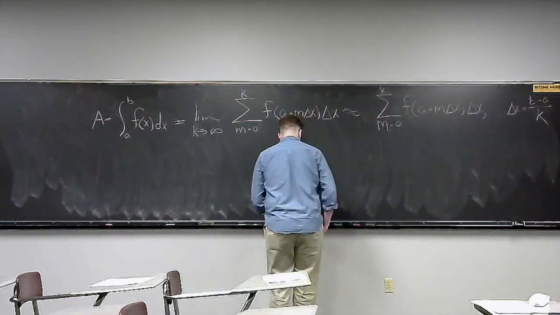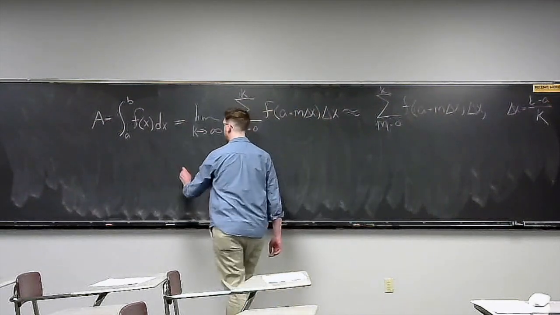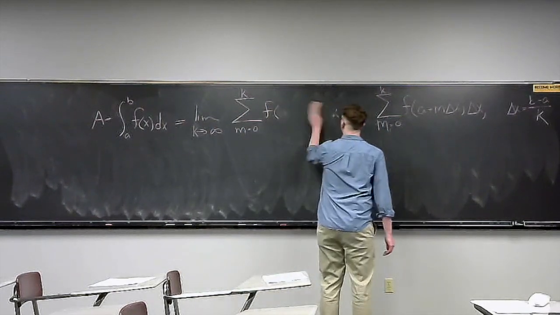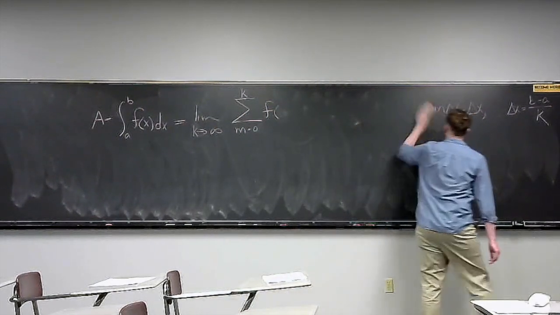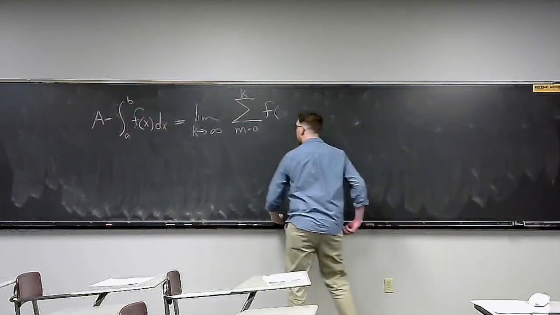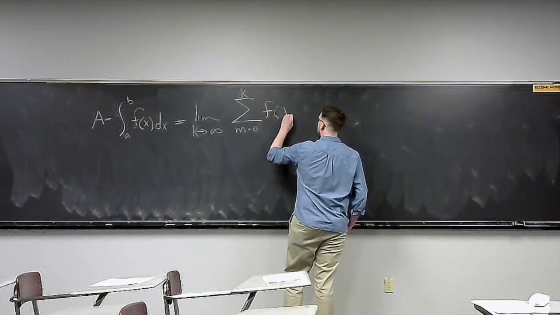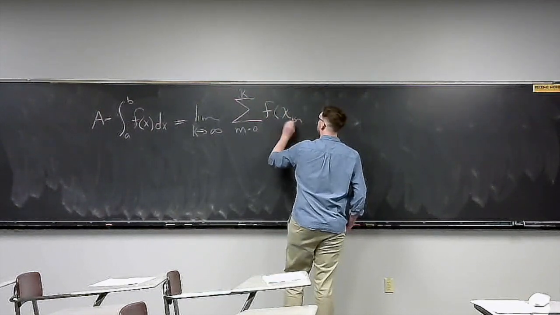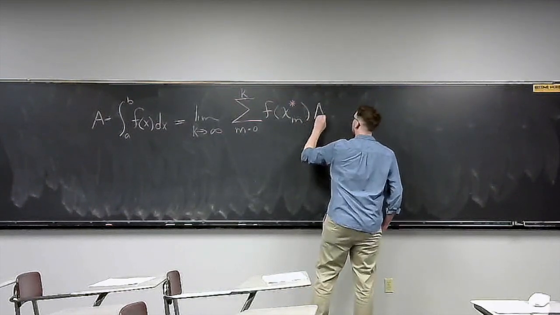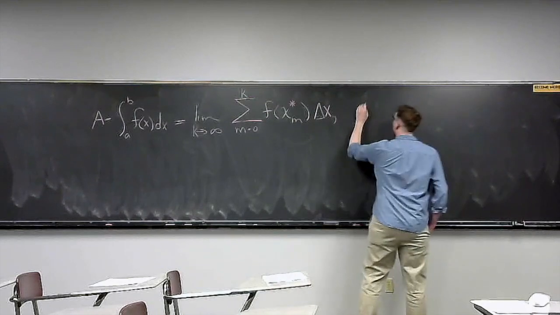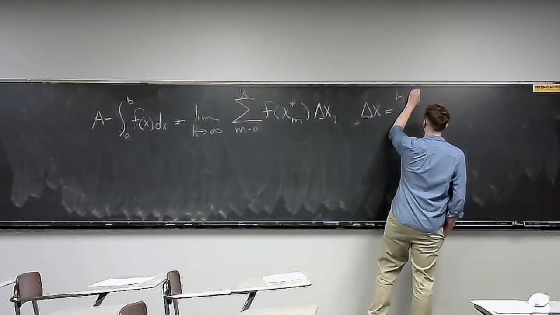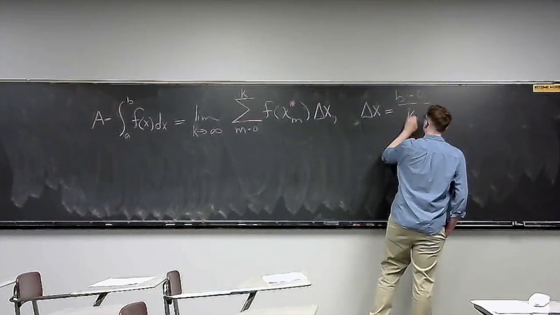What a Riemann sum is, and what this thing properly is equal to, I'm going to erase this. Cool. Once I write all of this down, delta x is always going to be this thing.